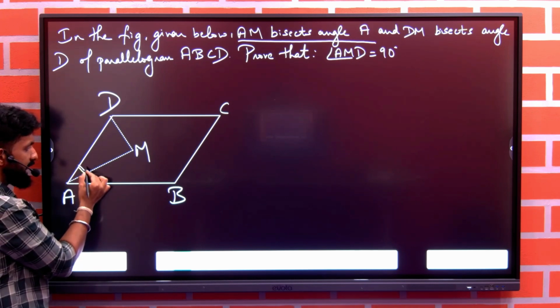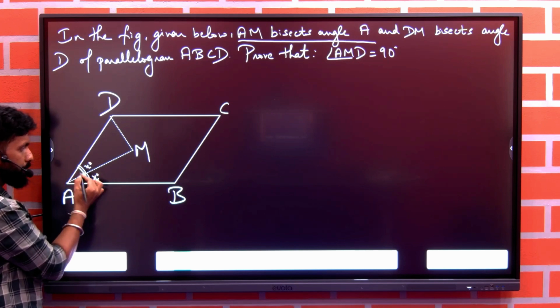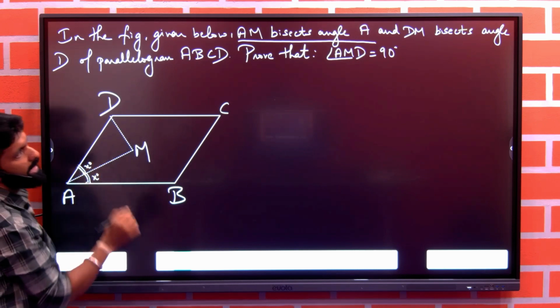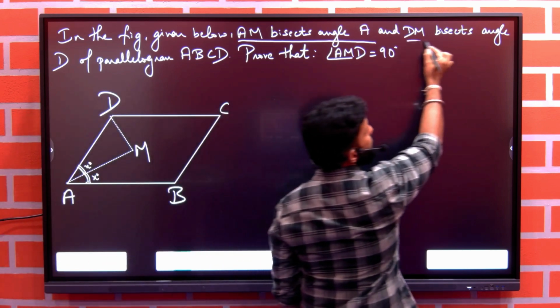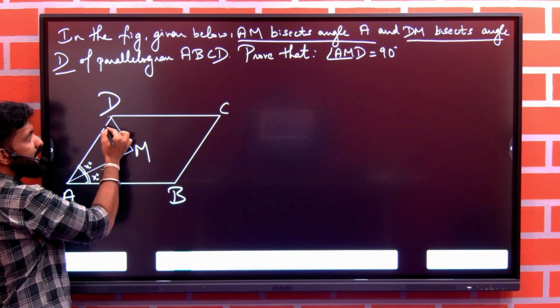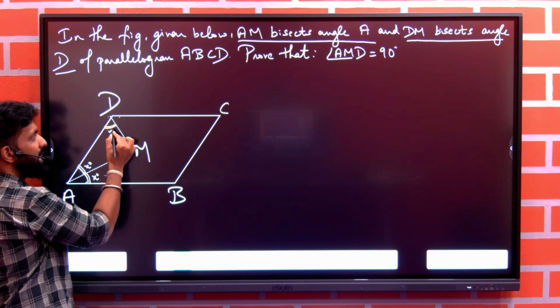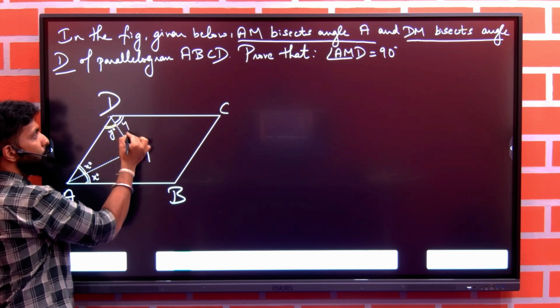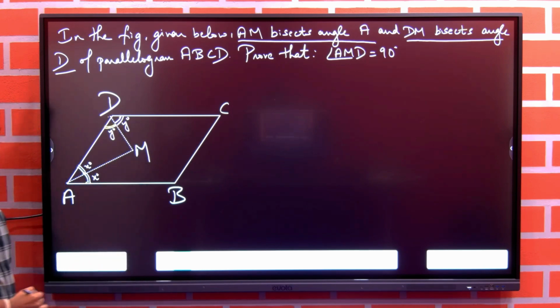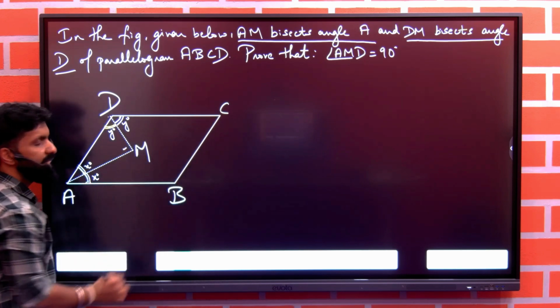So this tiny part is x, this tiny part is also x degrees, right? Similarly, DM bisects angle D. So this angle D is also getting bisected. So this tiny part is y, let us say, and this tiny part is also y. Yes? Okay. Prove that angle AMD is 90 degrees.